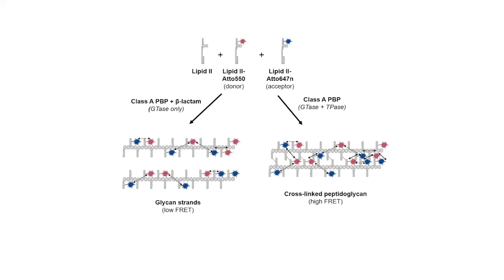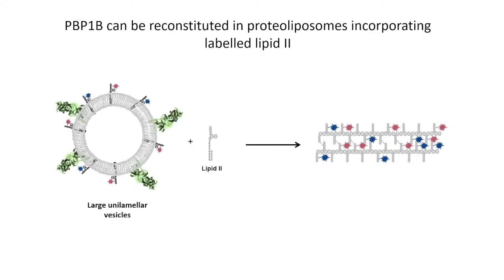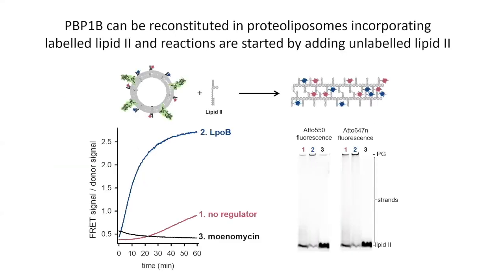So all these results were done in detergents, but what about the membrane? We took advantage of the fact that these enzymes cannot polymerize the labeled compounds on their own, so we reconstituted both the labeled compounds and the enzyme in the same liposome, then started reactions by adding unlabeled lipid 2. Again, we could monitor the activity of the enzymes in real time, and we saw inhibition by glycosyltransferase inhibitors and activation by LpoB.